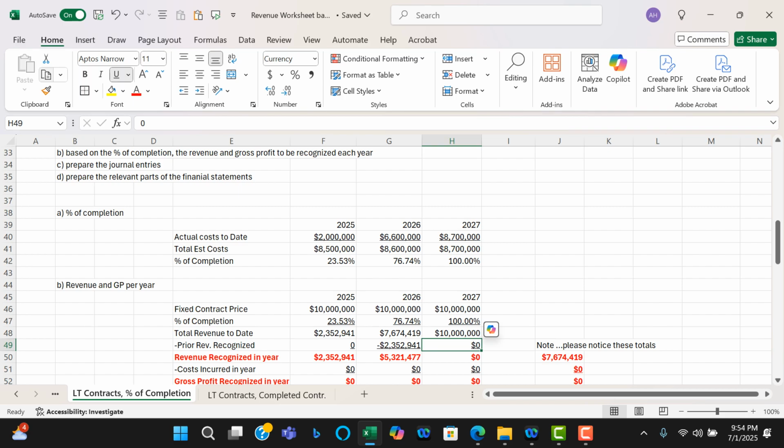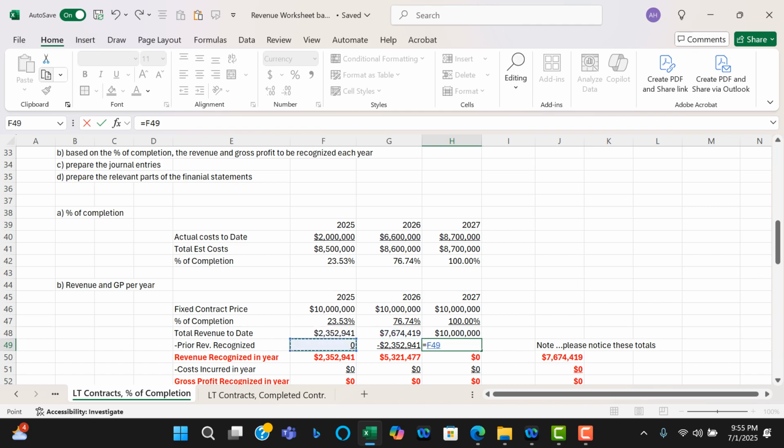And then in the final year, the project is done, so we'll recognize $10 million in revenue, but we have to take out revenue that we recognized in previous years. The easiest way to do it is to take the total revenue that you recognized in previous years, which is that number right there.